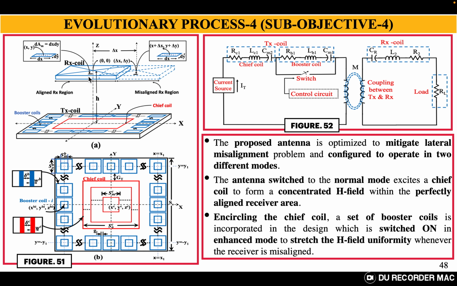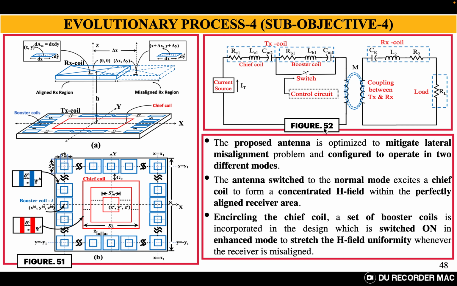The moment the receiver coil is misaligned, the chief coil along with the booster coils will power up the receiver coil to have the same amount of induced voltage. That is the concept of this particular design in evolutionary process 4.